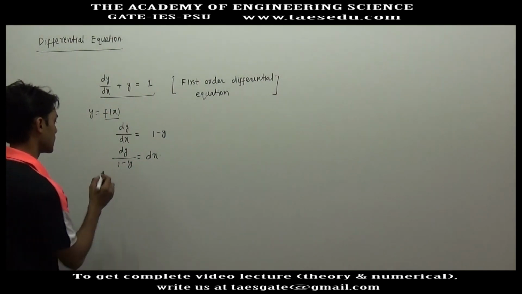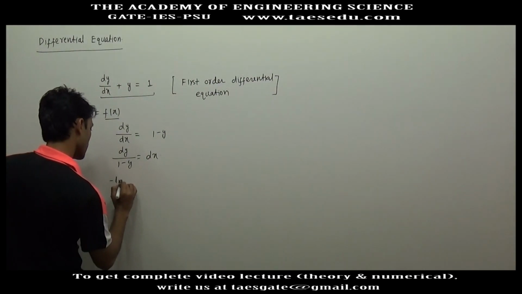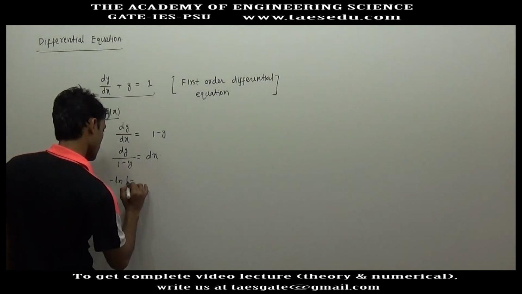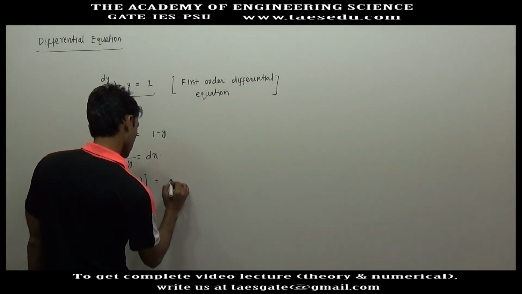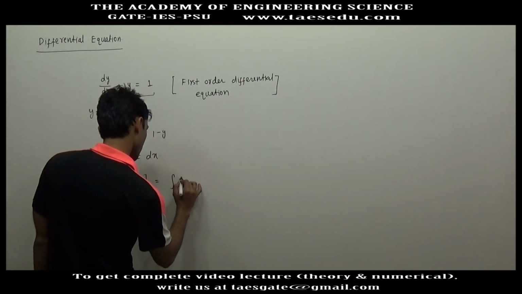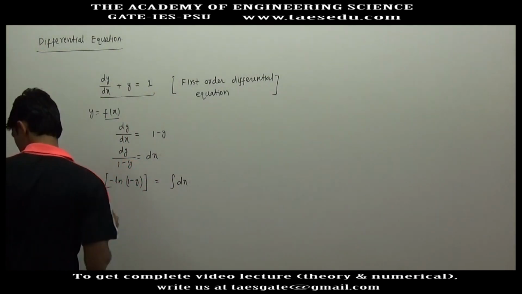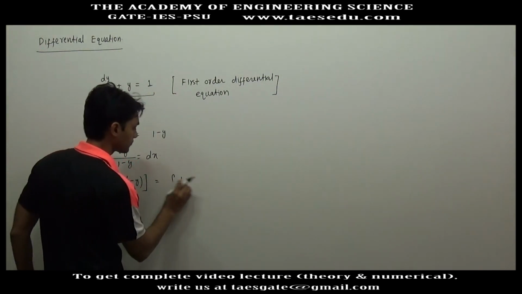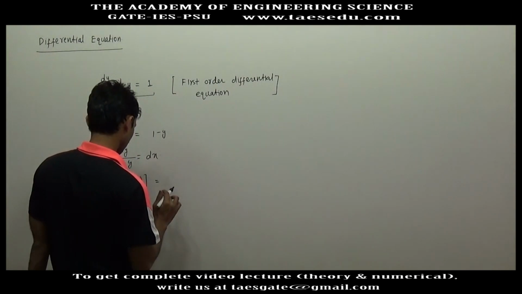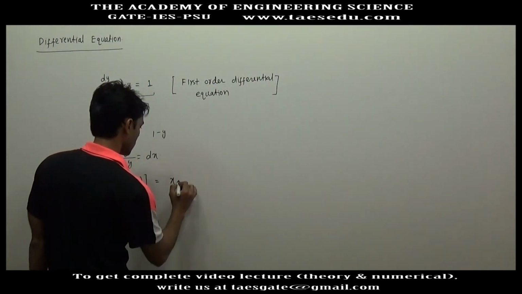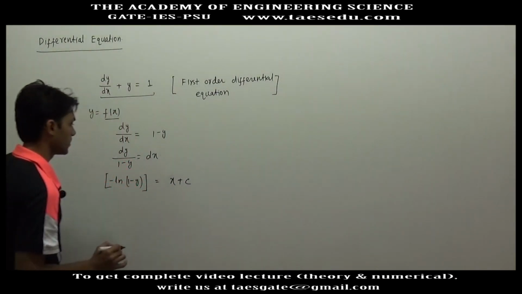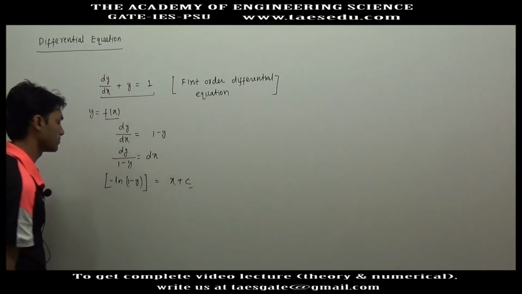If we integrate both sides, what we will have here, minus ln(1 minus y) is equal to the integration of dx, or here we will have x plus c. Here we will have a constant.